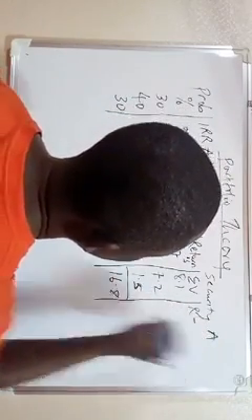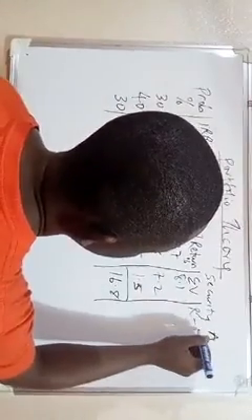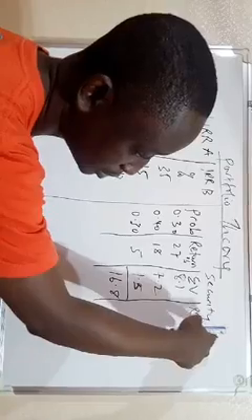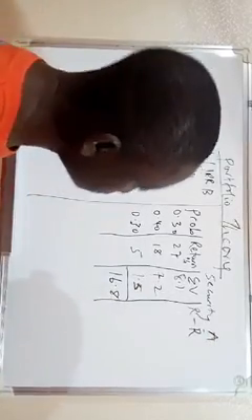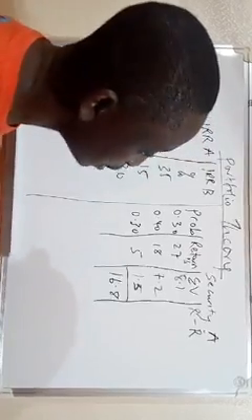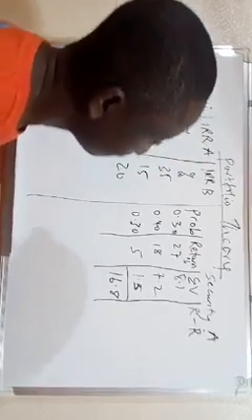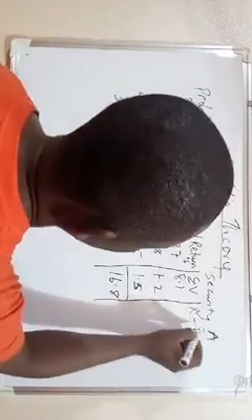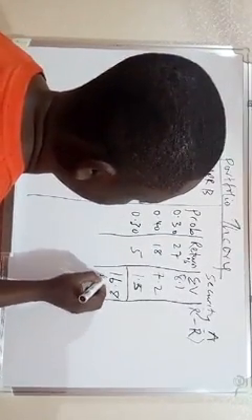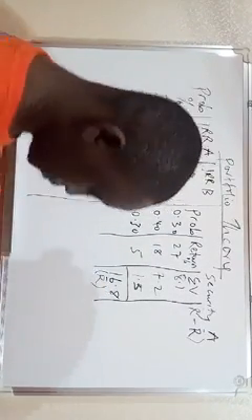Return minus return bar. This symbol here is called bar. So return bar is the expected value.